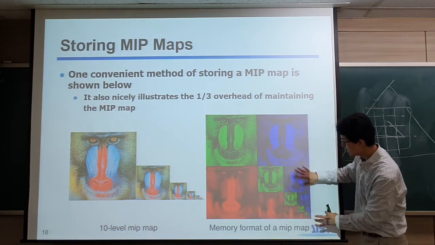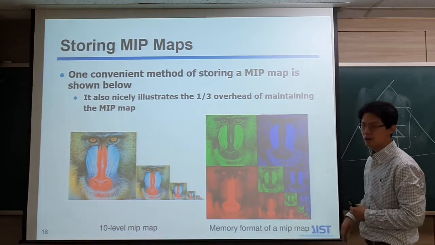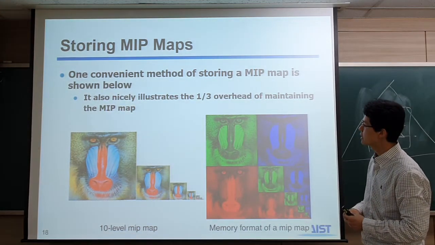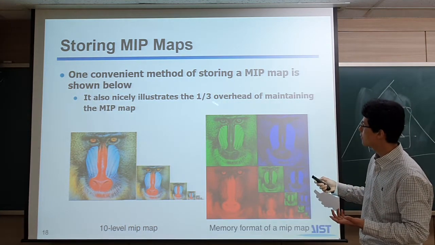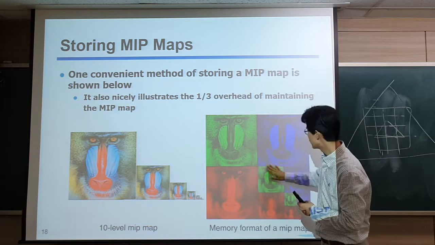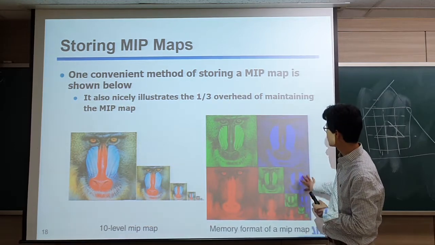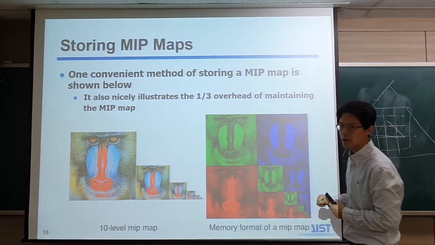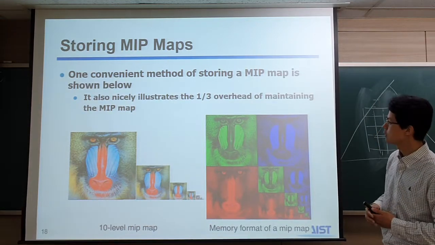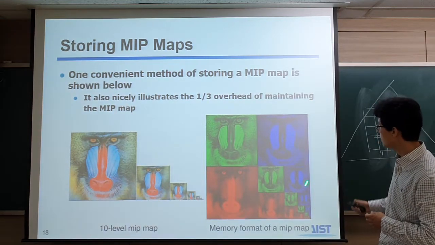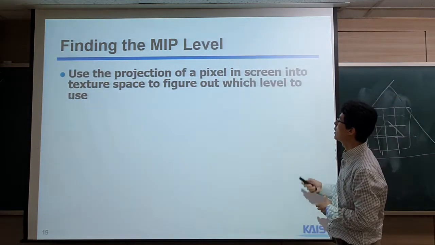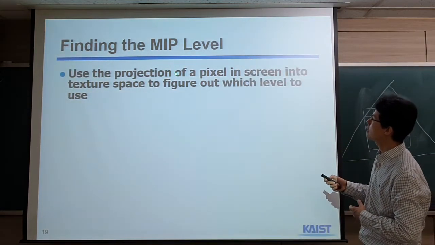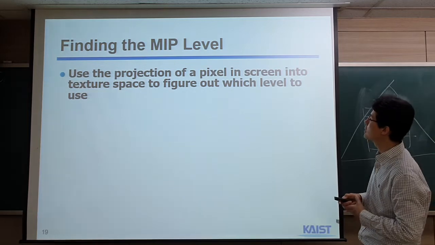Then we can use this region in a compact way. You can see it also illustrates the 33% overhead. Basically, we are using 1/3 of the original texture map. It also illustrates the 1/3 overhead by looking at this. And I think I already talked about how we can find the proper MIP map level.